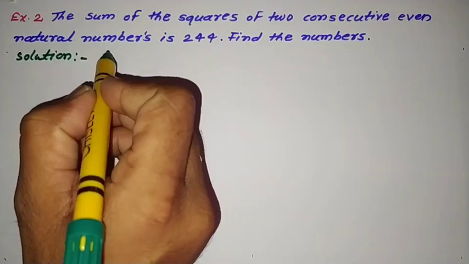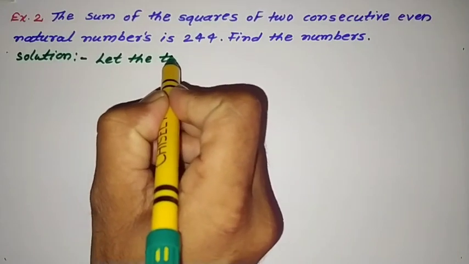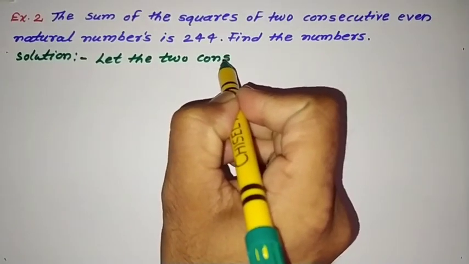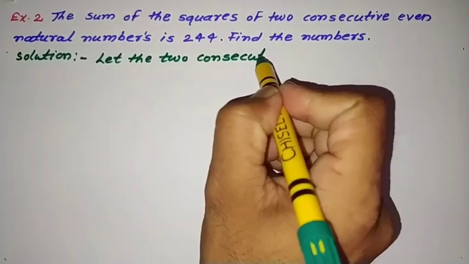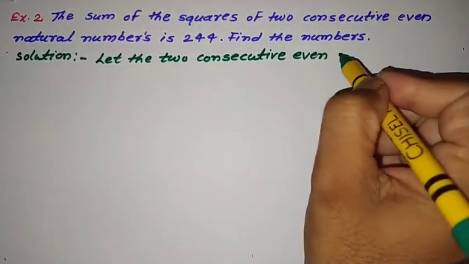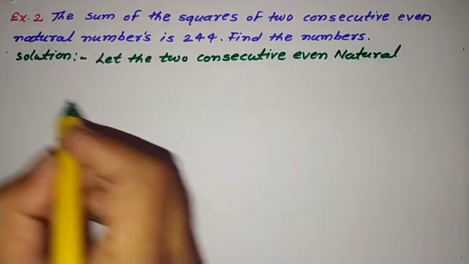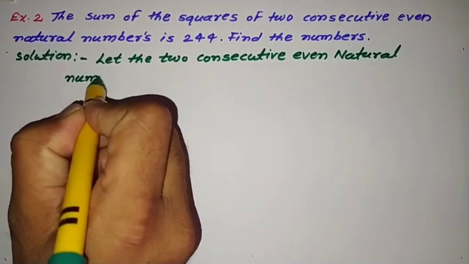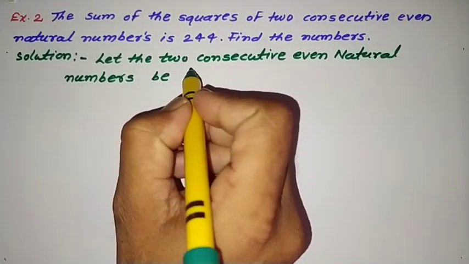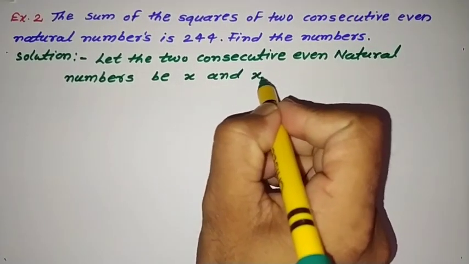First, let the two consecutive even natural numbers be x and x plus 2.